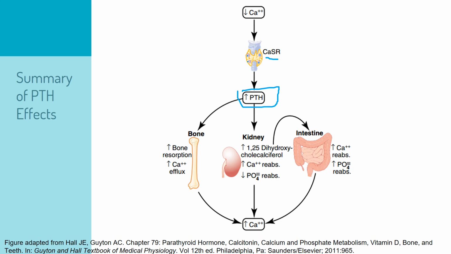In the bone, we have an increase in bone resorption and calcium efflux out of the bone, and in the kidney we have the promotion of calcium reabsorption and the inhibition of phosphate reabsorption, and also through the activation of 1-alpha hydroxylase and the inhibition of 24-hydroxylase, we ultimately result in an increase in the active form of vitamin D in the blood.